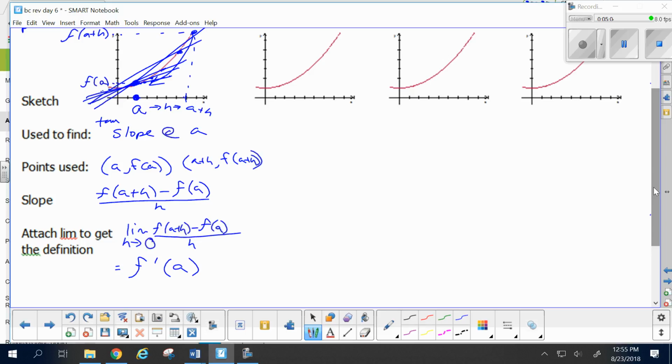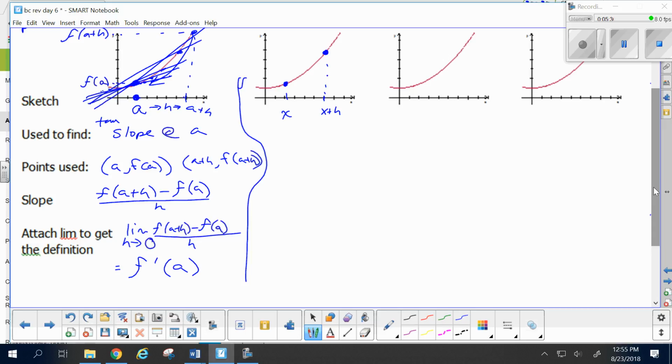It would be logical then to say, well, forget this nonsense. I'm going to just give you a rule that gives me the derivative at any x, not just a, but any x. If I do that, then rather than a, I'm going to say, let x be any point on the curve you want. I'm still going to create a gap to get a second point at x plus h.